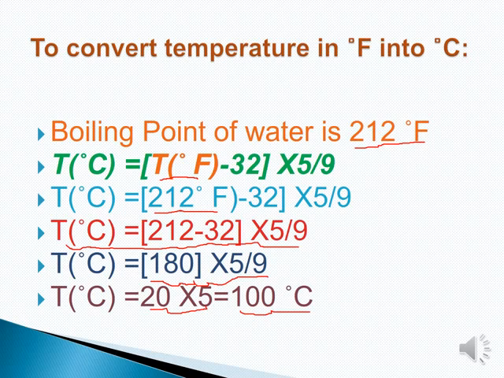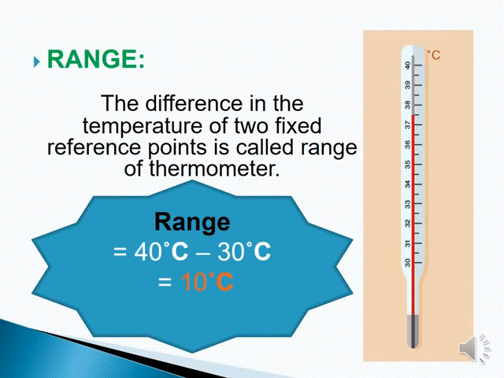Range. The difference in the temperature of two fixed reference points is called range of the thermometer. Students, just have a look at the picture of this thermometer. The two fixed reference points in this thermometer are 30 degrees Celsius and 40 degrees Celsius.